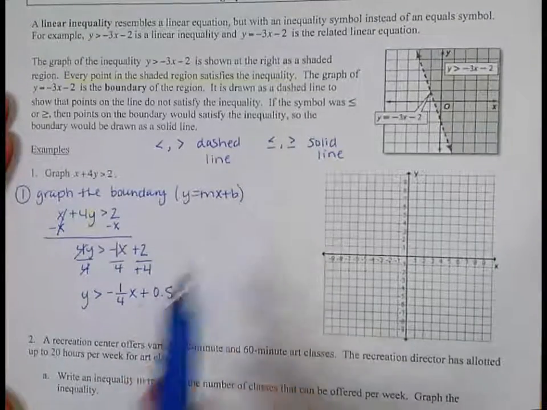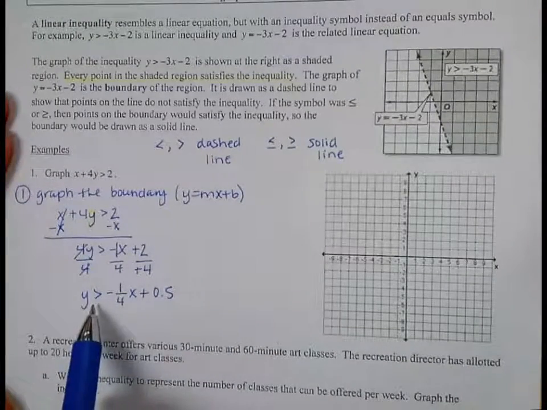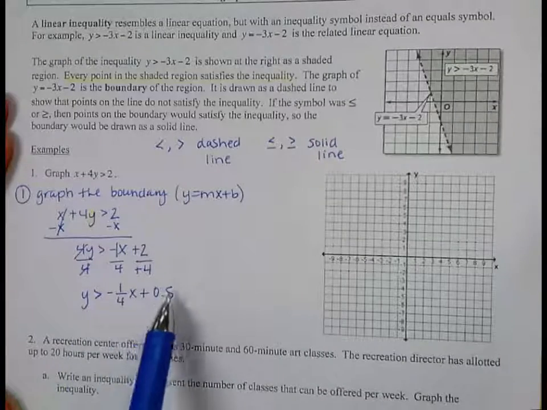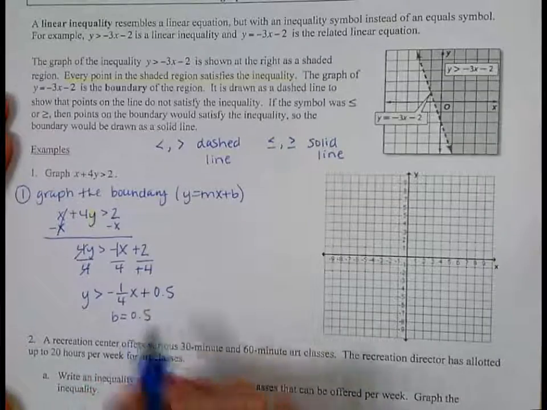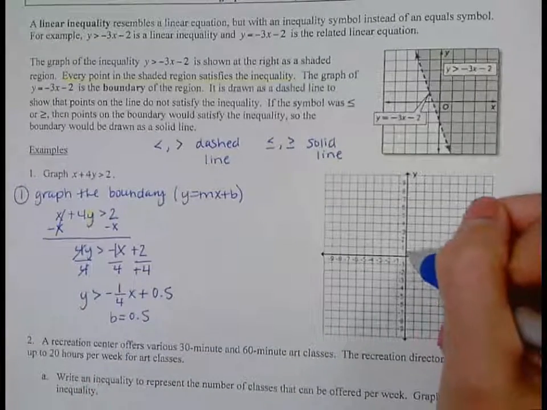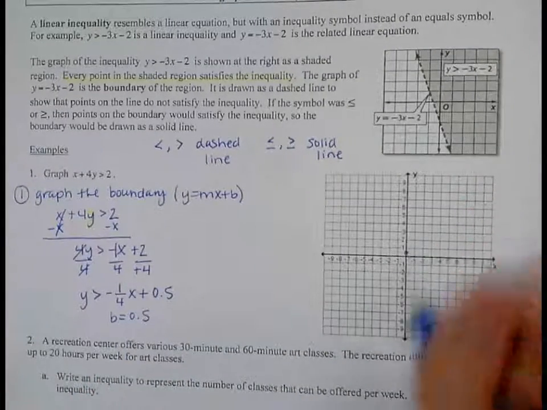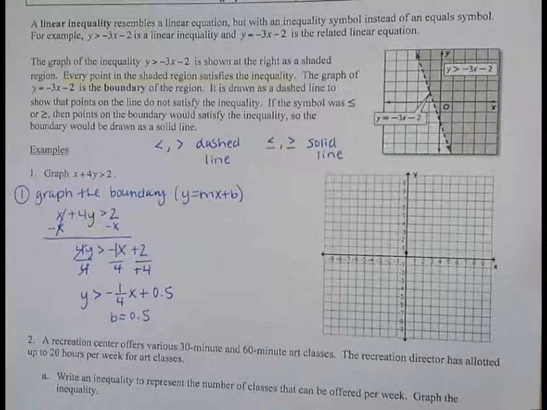Now to graph the boundary, I'm graphing this just as if it's an equation. When I graph this, I can identify that my y-intercept b is 1/2, so I can put a point at 1/2 on the y-axis.